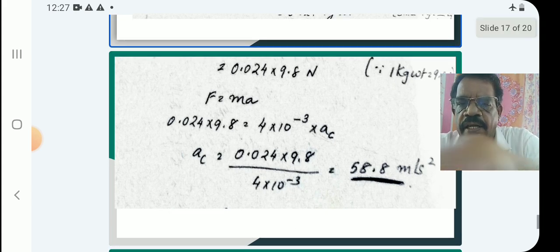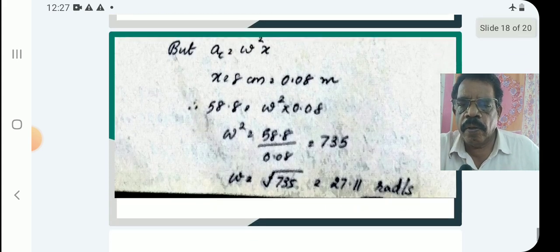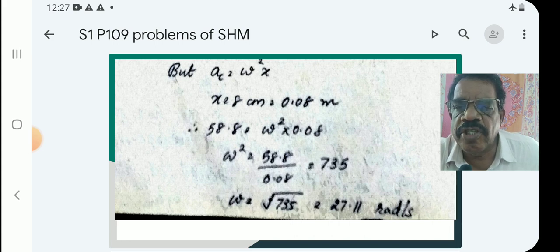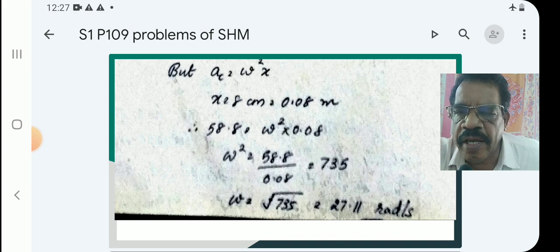That is the acceleration. Now, AC is omega square x. X is 8 centimeter, which is 0.08 meter. So 58.8 is equal to omega square into 0.08. That is omega square is 58.8 by 0.08, which is 735.